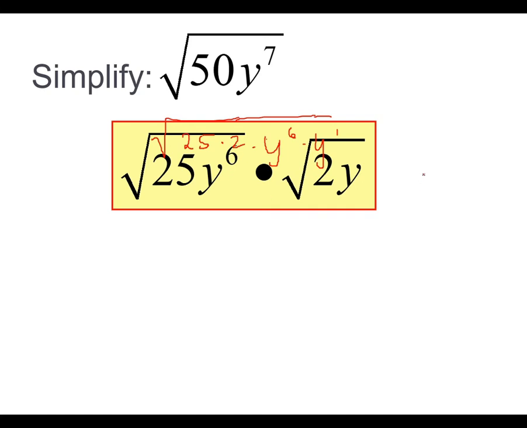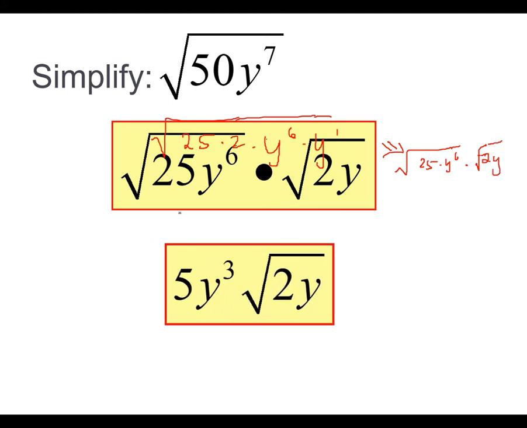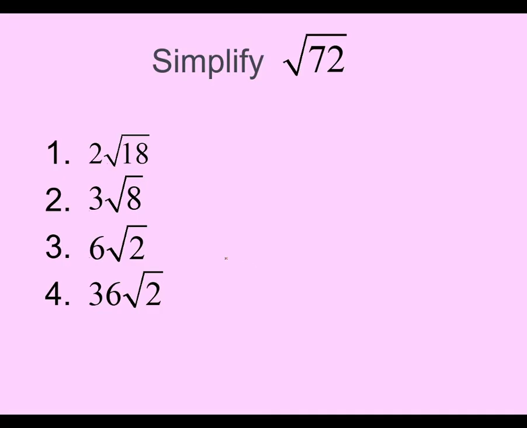Ang ginawa natin, ang pinagsama niya ay yung 25, yung even, y raised to 6. Tapos, square root of 2. So, ang square root ng 25 is 5. Ang square root ng y raised to 6 is y raised to 3. Square root of 2y.